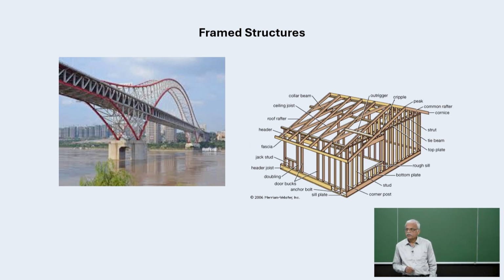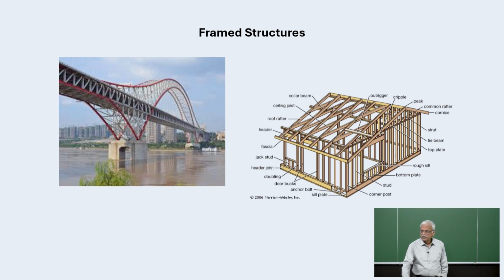In fact, many of these members may act like axial members, they may act like flexural members, sometimes they act like columns, and sometimes they're also slabs. So that means that the joints, or even the members, are a little complex to analyze.